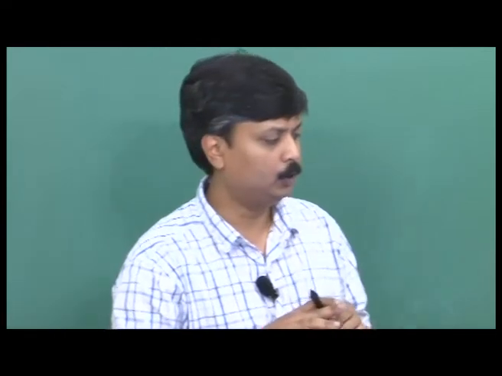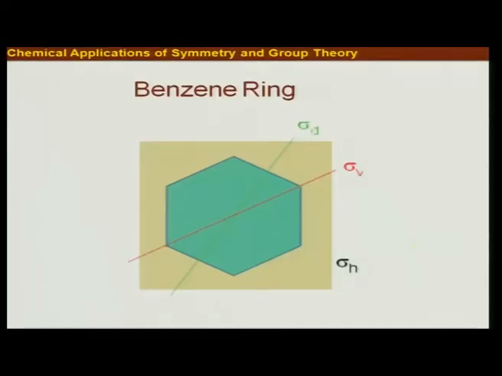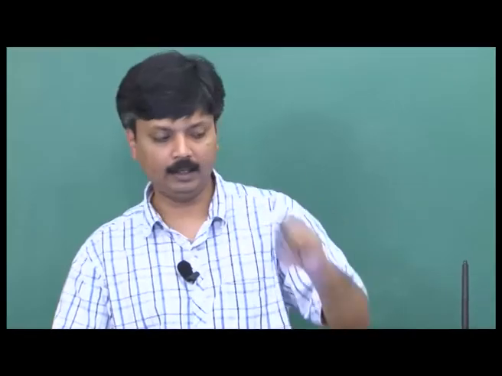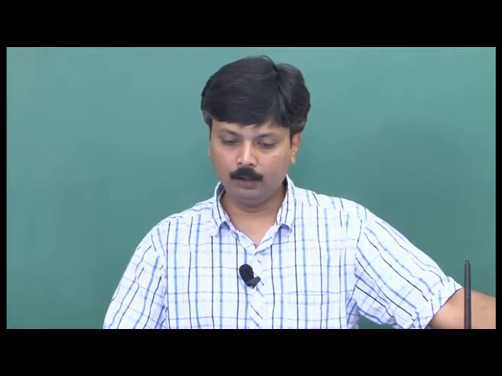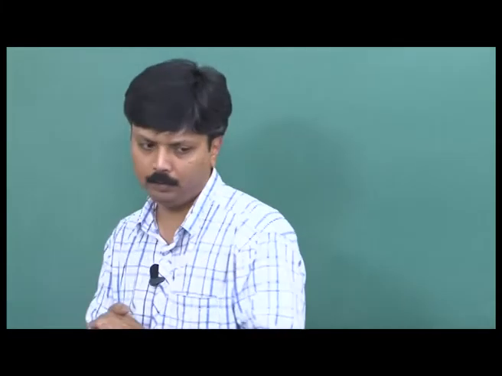All those things will come from the combination of symmetry operations that we will see probably the following week, but I just wanted to mention that so that you are aware of that fact. Here on the screen you have this benzene ring, where the difference between sigma v, sigma h, and sigma d is shown, and I have already shown you using this model. So that's all I wanted to talk about regarding plane of symmetry.